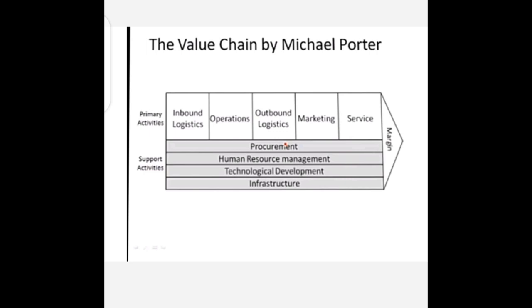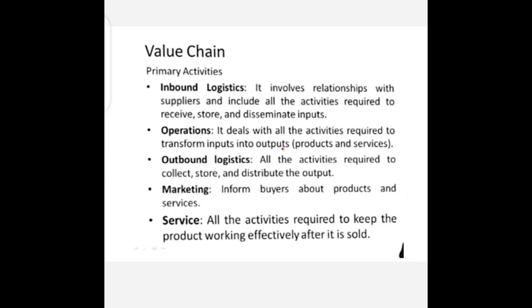We will do outbound logistics, then we will transfer it to the wholesalers, retailers, then there will be the marketing and service. Then we have secondary activities or support activities which start from the procurement, human resource management, technological development, and infrastructure. So let us discuss them one by one.